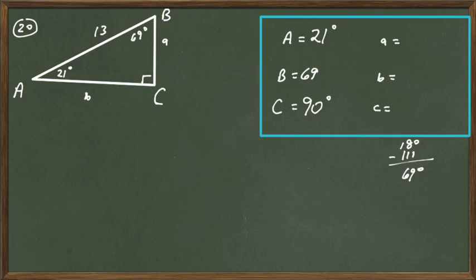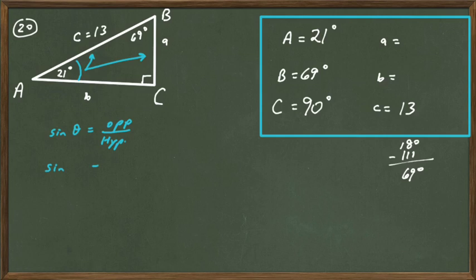So that'd be 69 degrees. They already tell me side C. Side C is opposite angle C. That's a 13. Now I need to find angle A. If I did opposite and hypotenuse, that would be sine. Sine of theta equals opposite over hypotenuse.